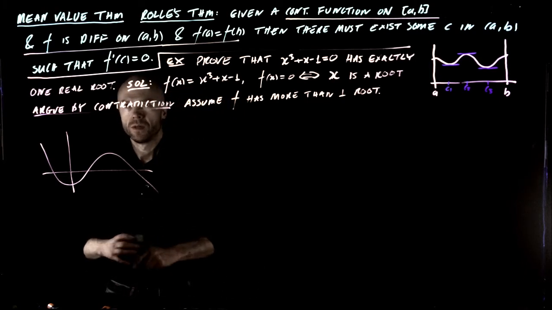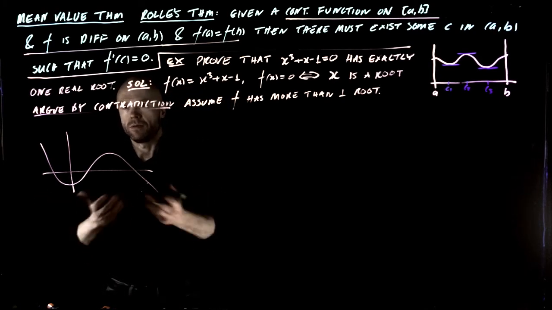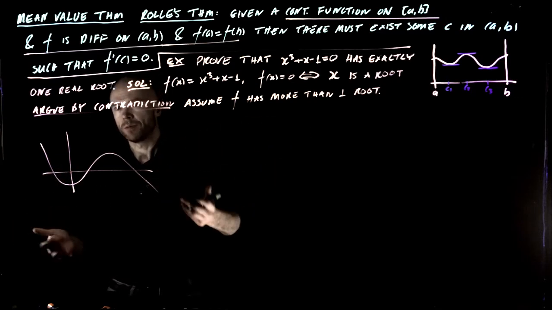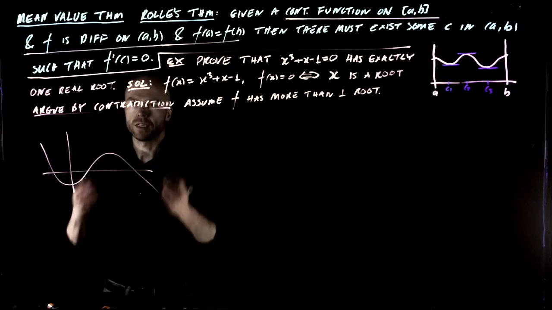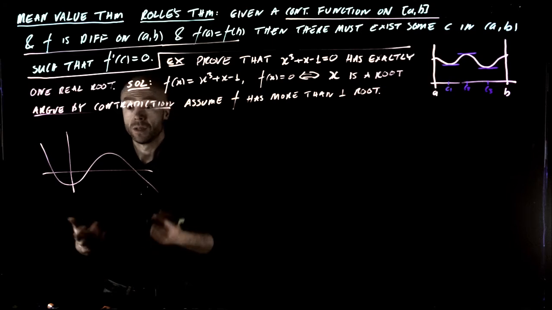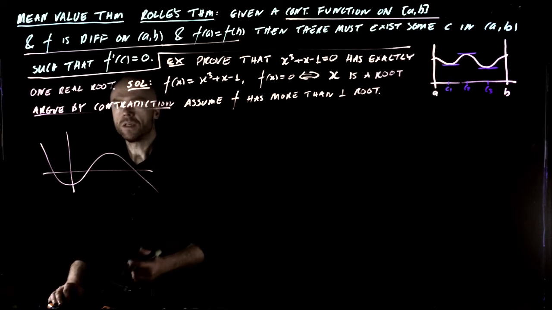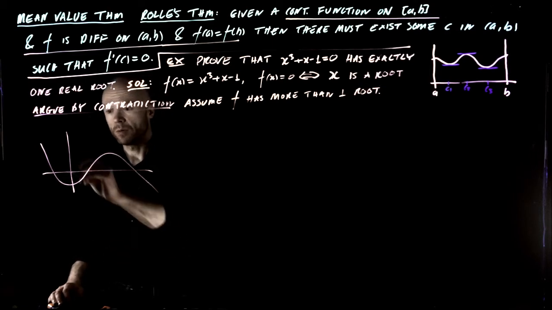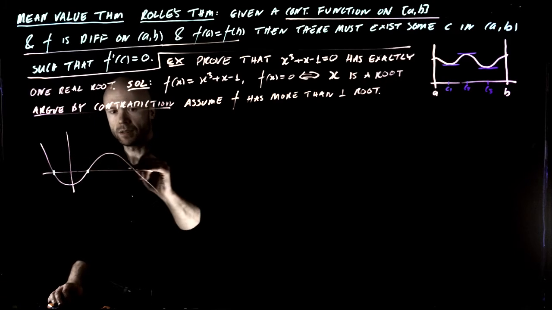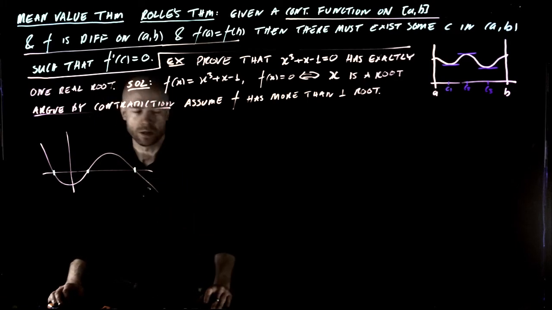What do we see? Well, obviously this is a continuous and differentiable function, so it satisfies the hypotheses of Rolle's theorem. And the assumption we made by contradiction was that we had more than one root, so that we have points like this, like this, like this, as opposed to just one point.